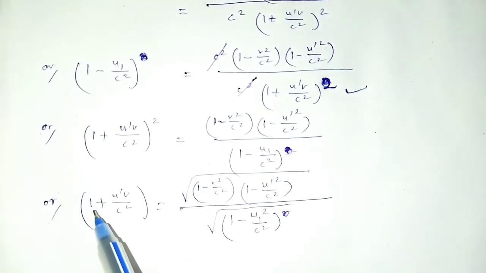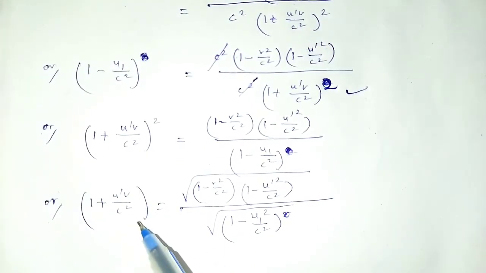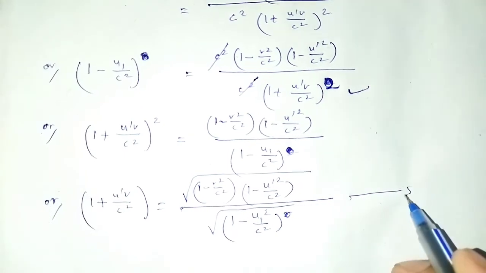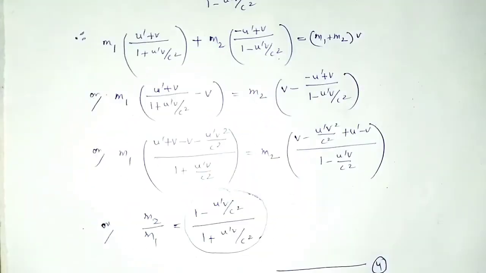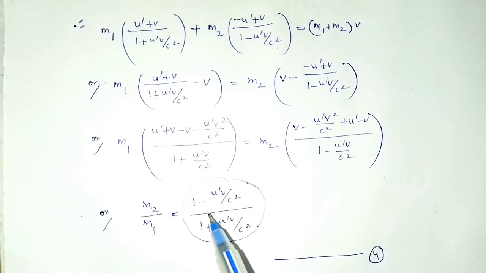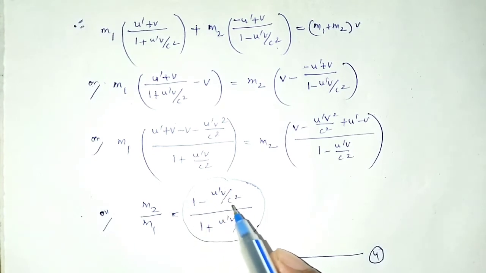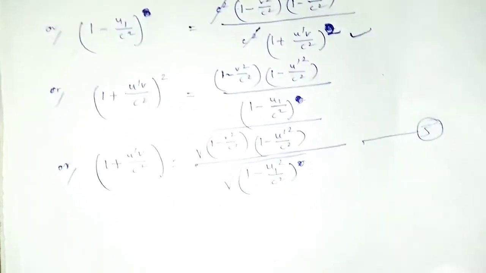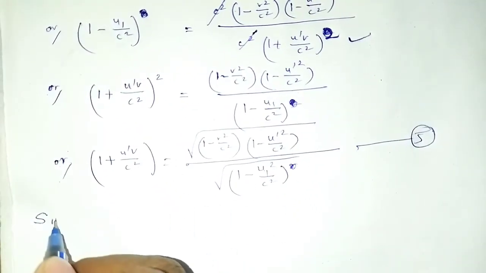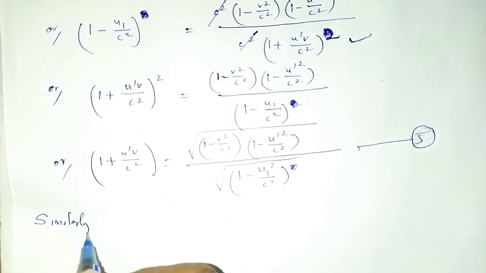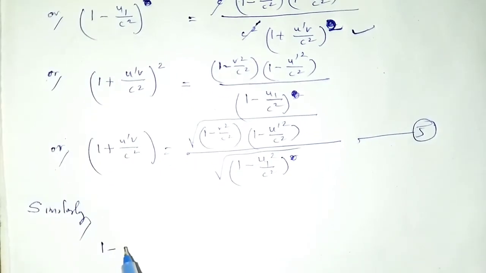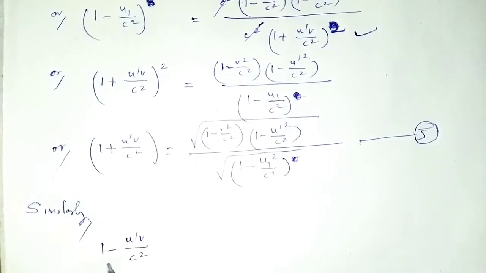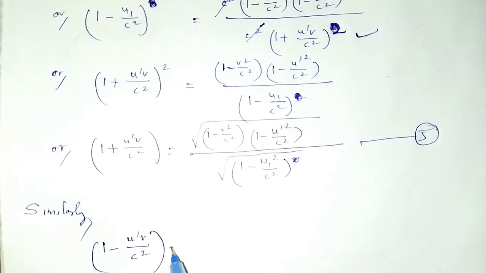Here we get 1 plus u dash v divided by c square, taking equation number 5. Our aim is to find out 1 plus u dash v by c square. Again, what is the value of 1 minus u dash v by c square? Similarly, 1 minus u dash v by c square will be how much?